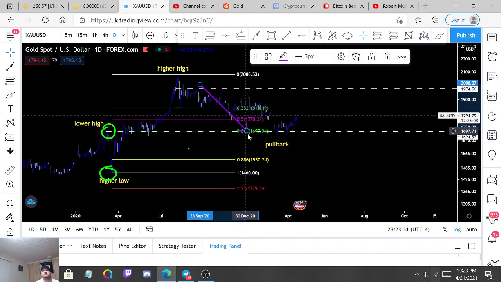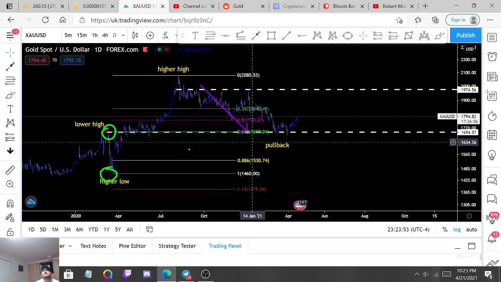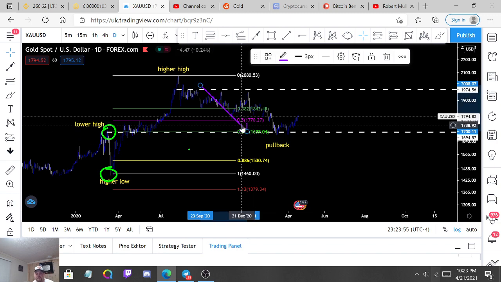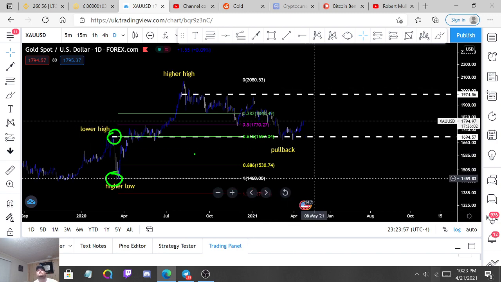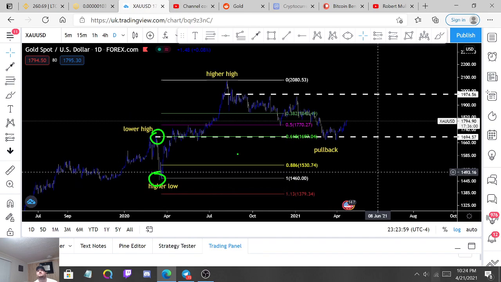But the 61.8 right here gives the best risk to reward on the trade. Makes sense.